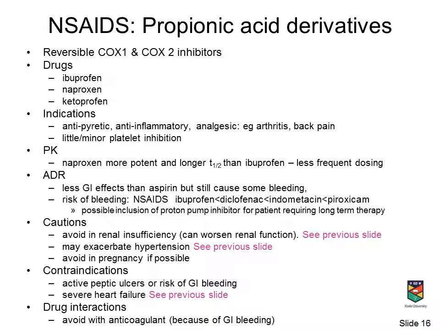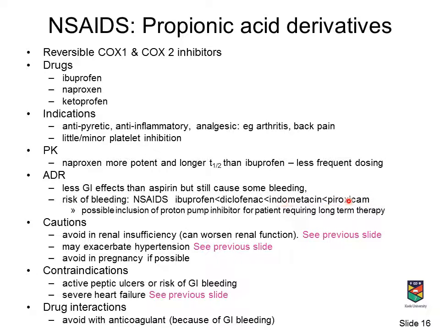So they do still cause some GI bleeding through the mechanisms I showed you on the previous slide of getting rid of the mucus secretion, inhibiting the bicarbonate secretion, and promoting the activity of the proton pump. And you can actually list the risk of these different NSAIDs at causing GI bleeding. So ibuprofen is the least likely to do it. Diclofenac, indomethacin, and piroxicam, we get to the end here, these are even more likely to do it.